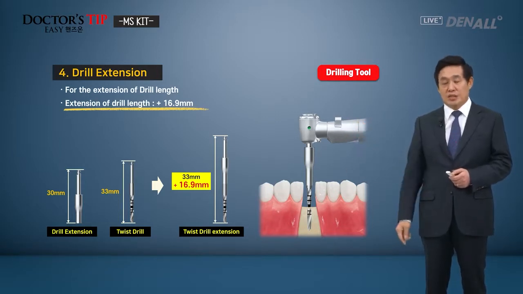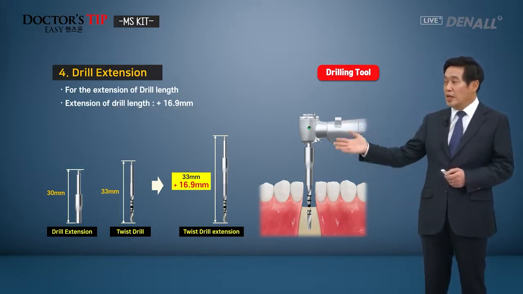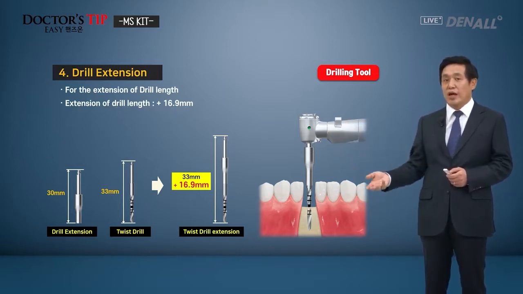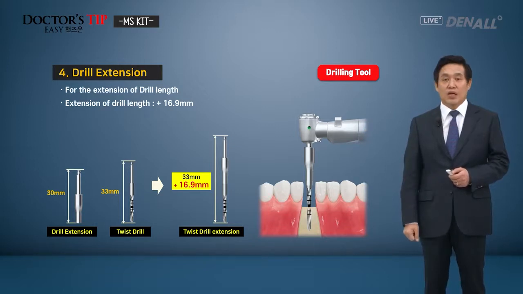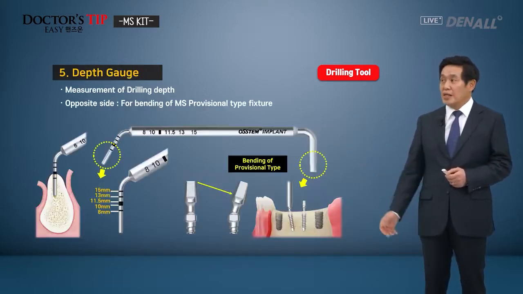This means in almost all cases, there will be no interference from adjacent teeth, especially on the mandibular anterior side. Extruded teeth have a lot of bone resorption, so there could be more interference. So if you use the drill extension in such cases, drilling will become easier.